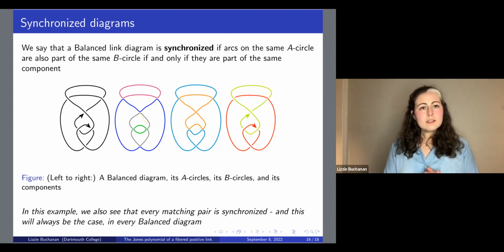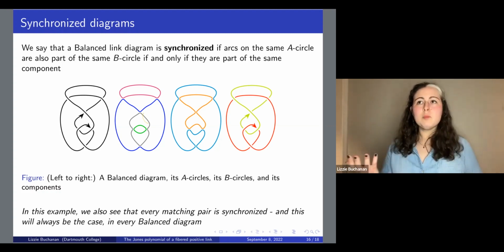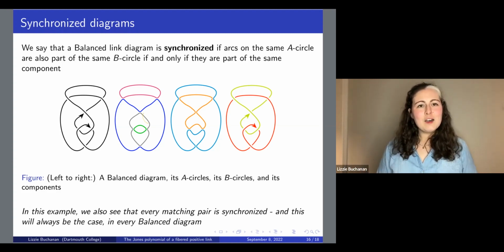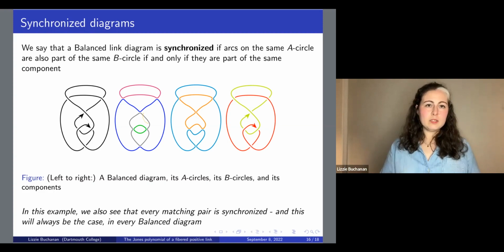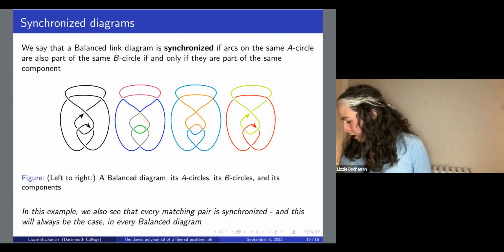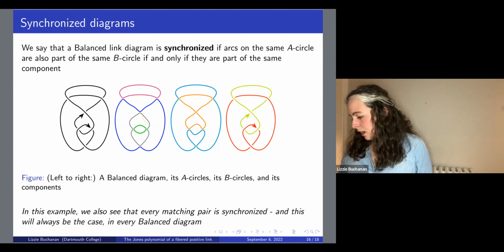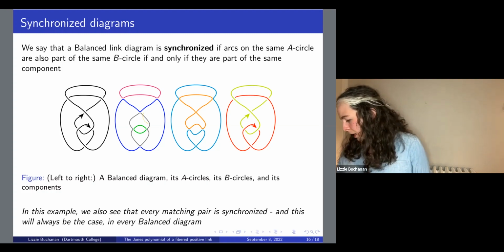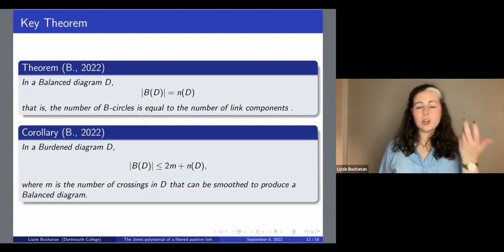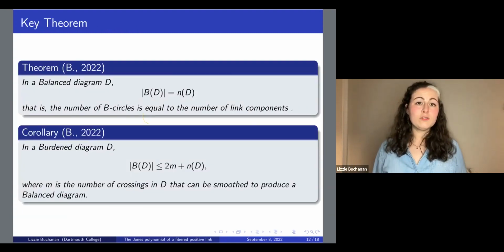And so what that means is if we start to count things up, and there's a bit of induction arguments involved here that I'm sort of sweeping under the rug, but if we count these things up, we're always going to have the same number of B circles and the same number of link components. They're going to happen time and time again. And so that is what will end up giving us our theorem that we had before, namely that in a balanced diagram, the number of B circles is going to be equal to the number of link components.